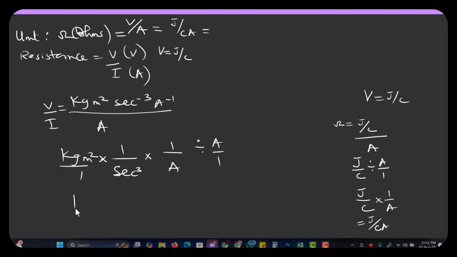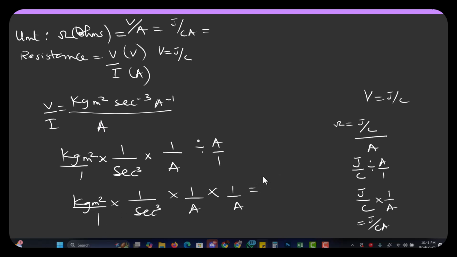So this is going to be kilogram meter squared times 1 over second cubed times 1 over ampere. Normally, if you remove this division sign, I'll say times 1 over ampere. So this is going to be my final.